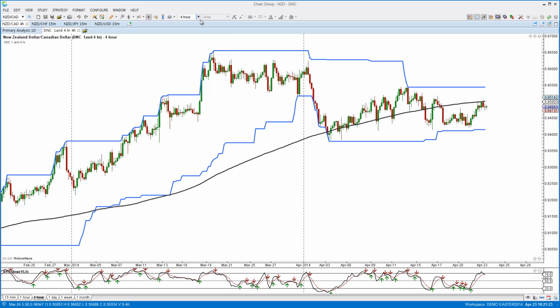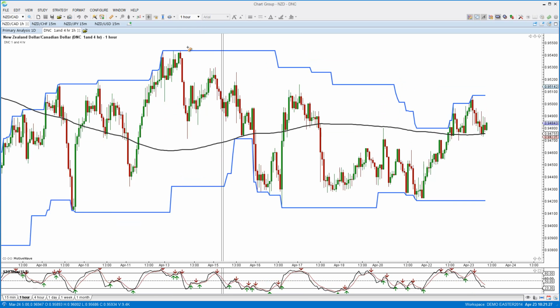If we look at the 1-hour chart, we can see price has hit the top channel. It hit it at 1 p.m. yesterday, and we would have been in the trade, but at what level?